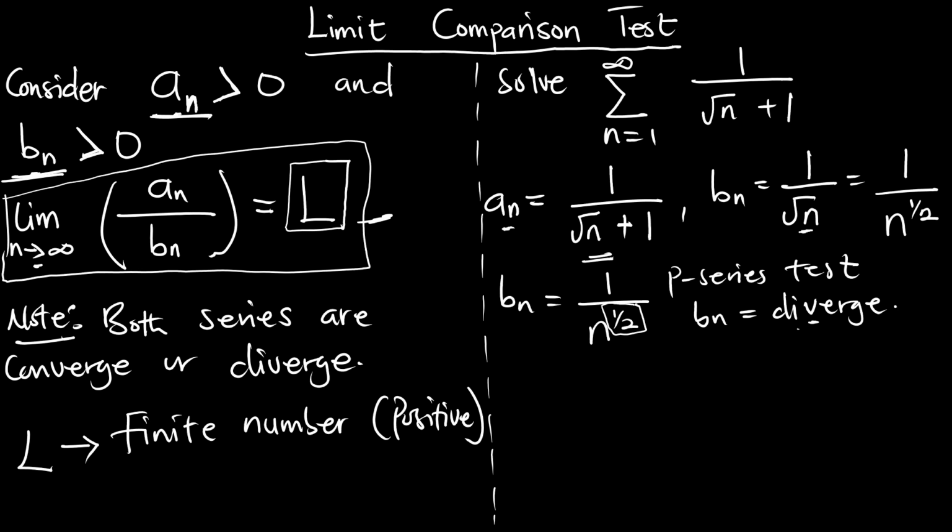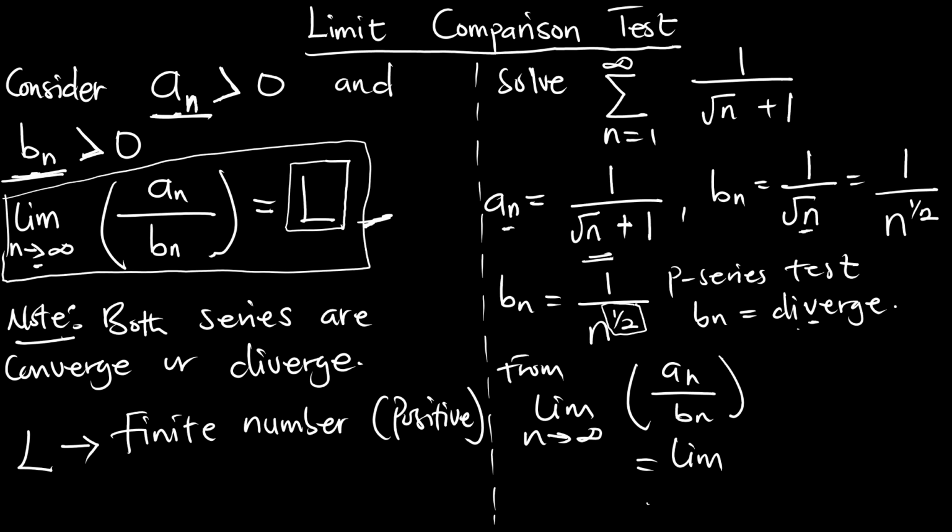Alright. So here what we are going to say is that since bn is diverging, let's find the limit of an divided by bn and see what we are going to get. So from limit as n approaches infinity of an on bn, what we are going to get is limit as n approaches infinity.